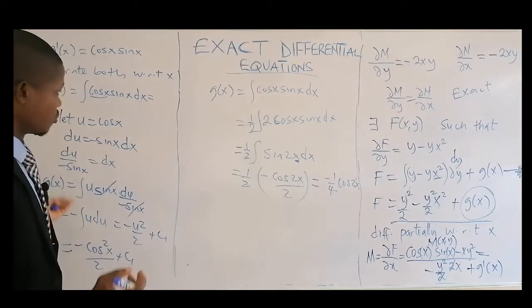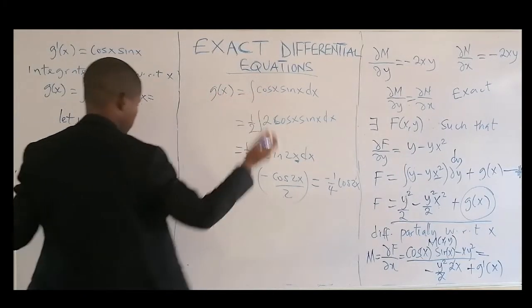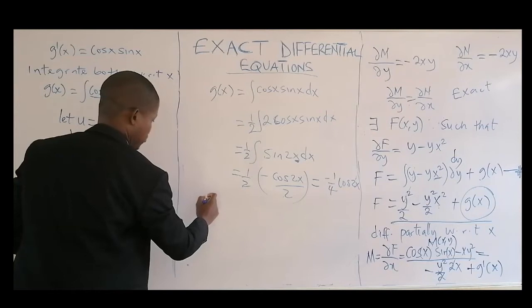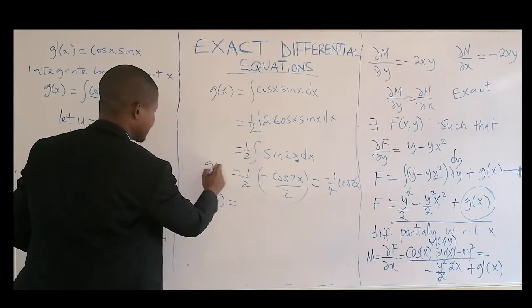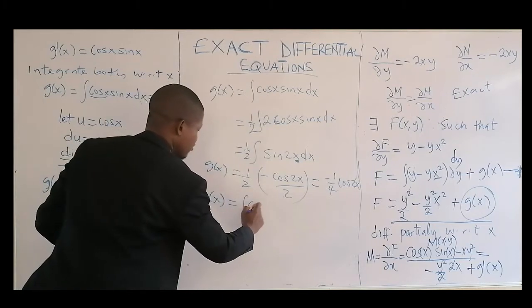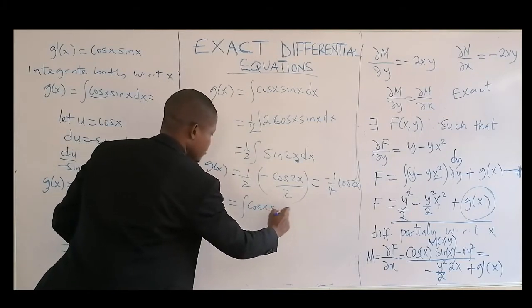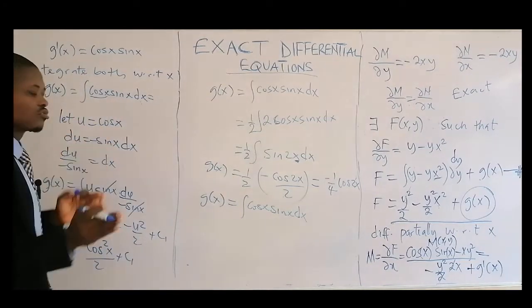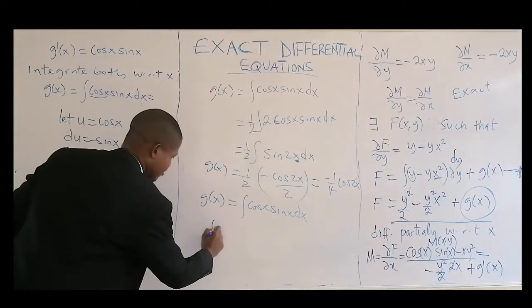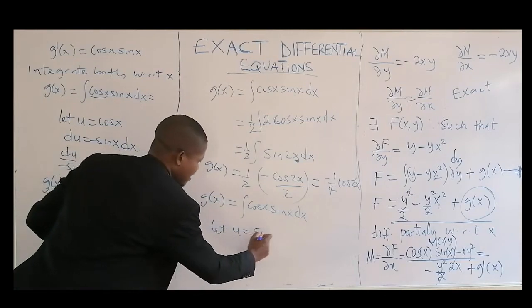Another way you can go about this is to substitute. When you have this integral cos x sin x, as I said, you can substitute for any one of them. When you have sine cos, you can go for any one of them. Let u be equal to sin x.